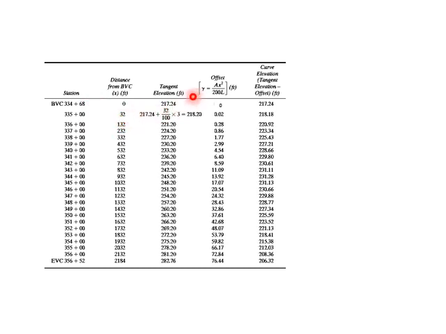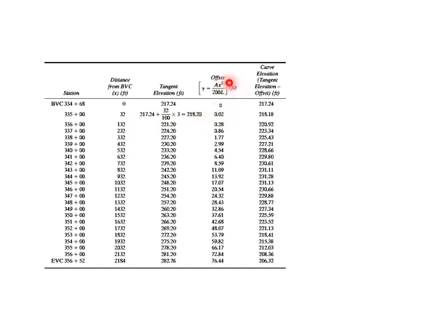Then you calculate the tangent elevation: the elevation of BVC plus x into gradient, where x is 32 and the gradient is 3 upon 100. Why are we adding? Because it's a crest curve and you are going up. So the elevation of this point on the tangent is 218.20.